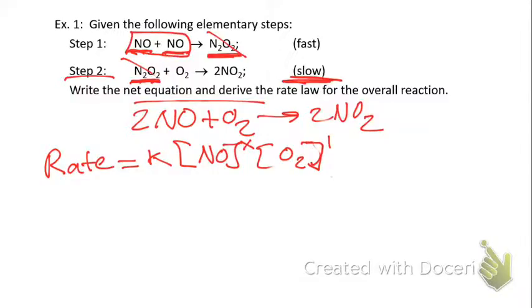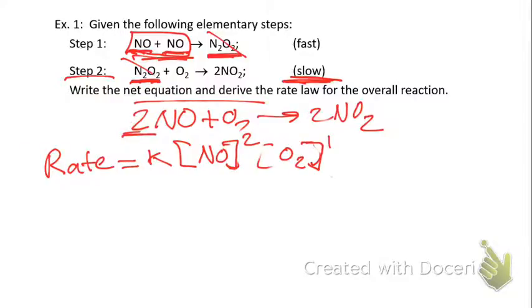Since we've got two of those NOs, our order for X must be 2. Second order, because we have two of them. Again, you can only do this if these are elementary steps. We could not get this from the overall reaction.